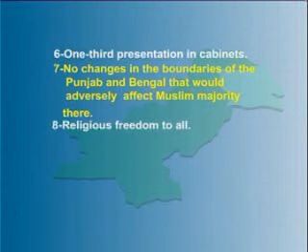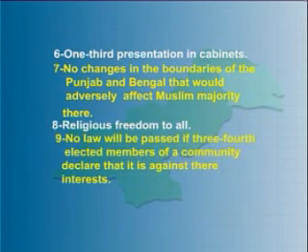Then the eighth point was religious freedom to all. This was not simply for Muslims, but for all those people who are living there. The ninth point was that if a law is to be framed and three-fourths of the elected members of that community think that this is against their interest, then that should not be made into law.